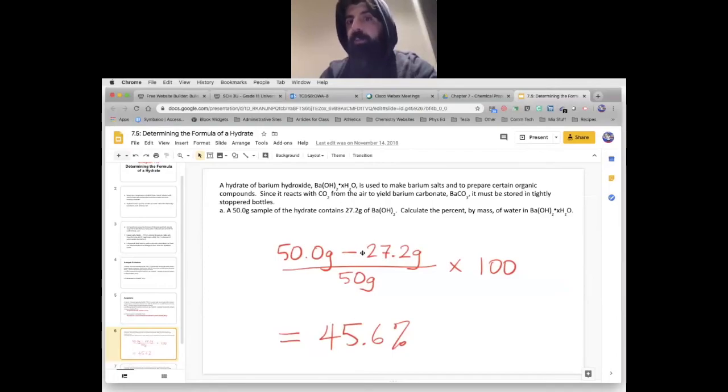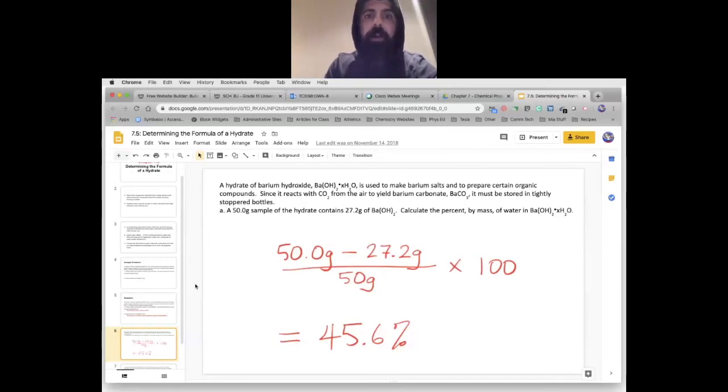In this case, 22.8 grams is water, the remainder of that 50. If we divide that value by 50 grams for the entire sample and multiply by 100, 45.6% of this 50-gram sample is made up of water. That's a lot of water. It makes up pretty much half of its mass.